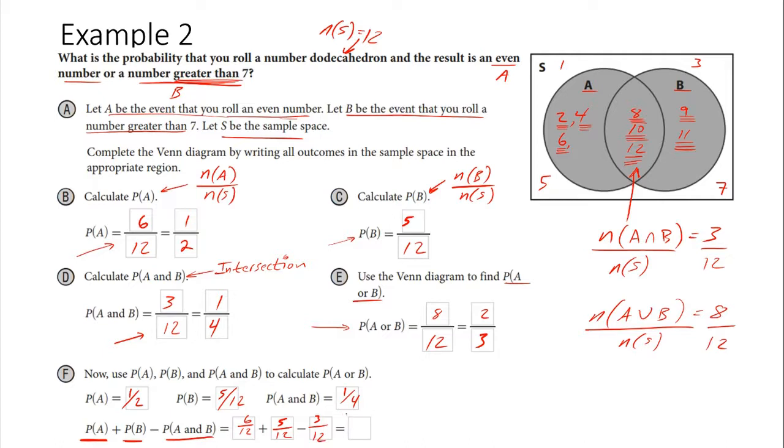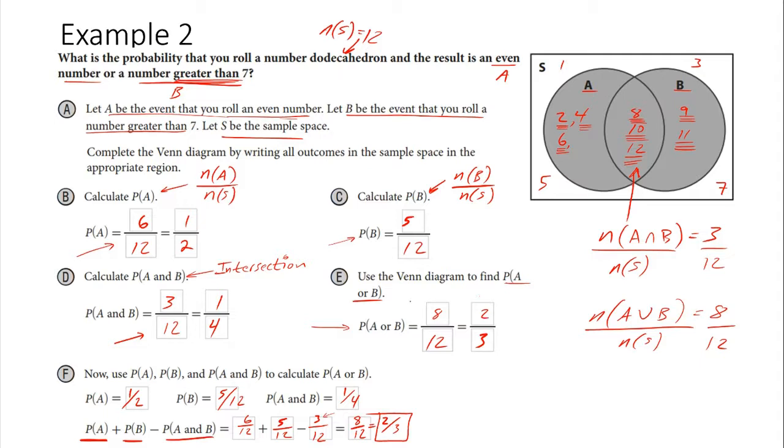All right, so 6 plus 5 is 11. 11 minus the 3 right here should give me 8. And that's 8 out of 12. I can reduce, and that's 2 out of 3. So there's a 2 out of 3 chance of me getting, what was it?